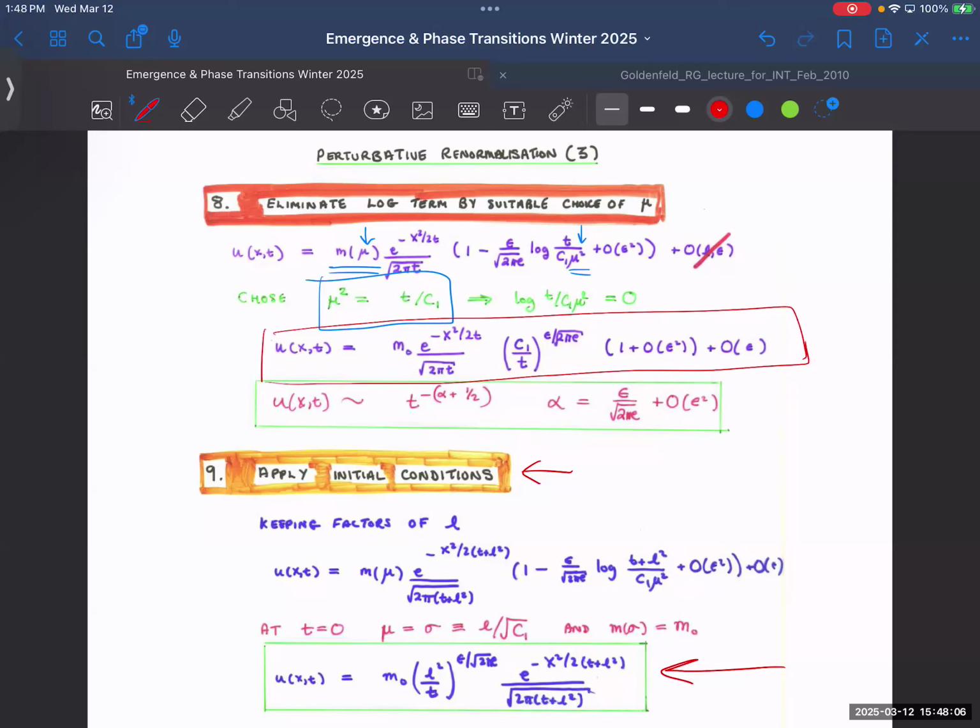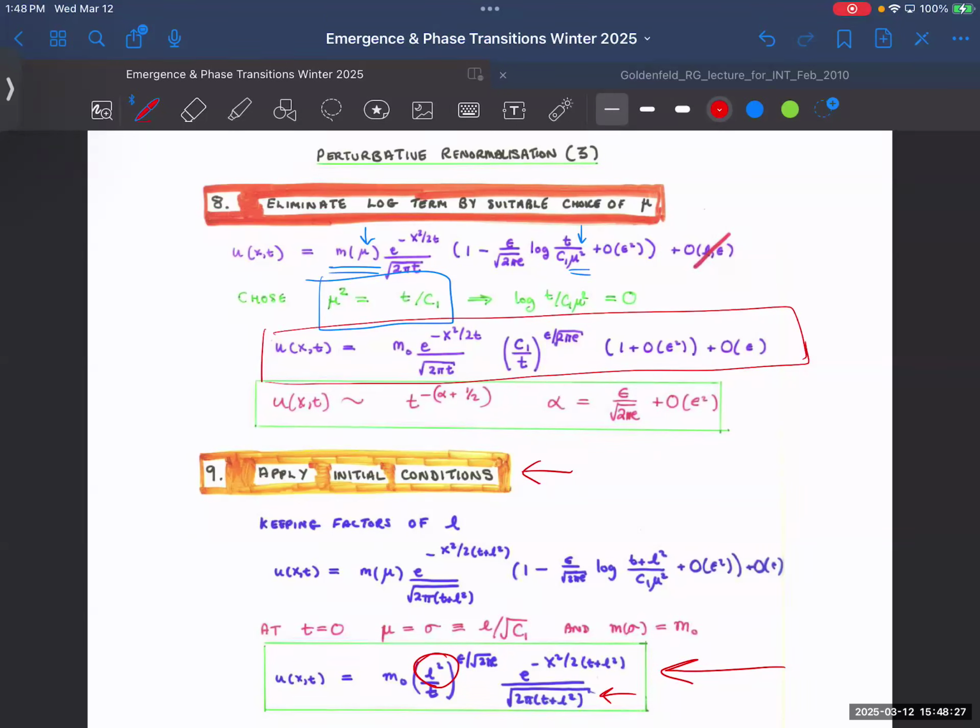Okay, the initial condition had a width L and an initial mass M. So here is my final solution, and you can see that, as advertised, I have this singular dependence on L raised to this power epsilon over the square root of 2 pi e times the regular solution over here, and this is the thing that allows the solution to have an anomalous scaling in time.